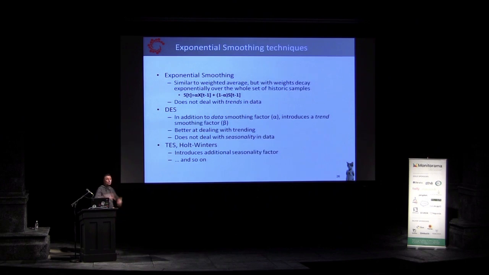So, shoot, we're going to do double exponential smoothing. Now we've finally dealt with trending, but wait a second, it doesn't deal with seasonality. All right, triple exponential smoothing. I'm only listing these things to illustrate the lengths we go to try and fix something when fundamentally it is broken, right?